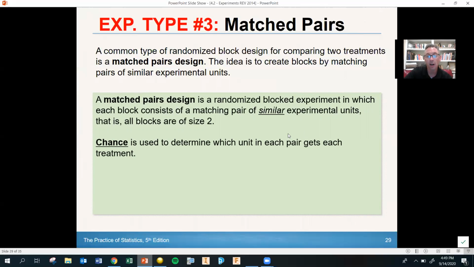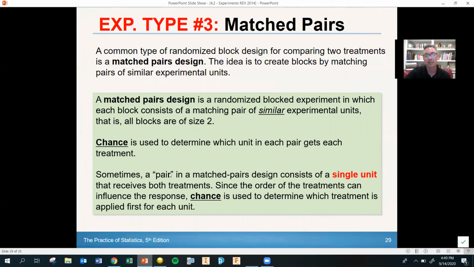So often what we do is, instead of having a pair of people, we will just have a single person. Like in the experiment, you're going to see each student was the pair of people. Instead of having 2 different people that each get one of the treatments, when we do a matched pairs this way, one person gets both of the treatments.